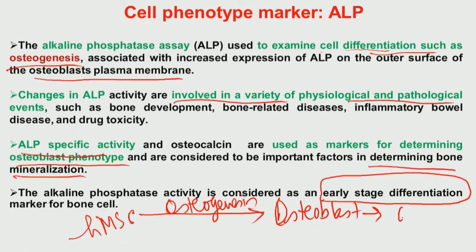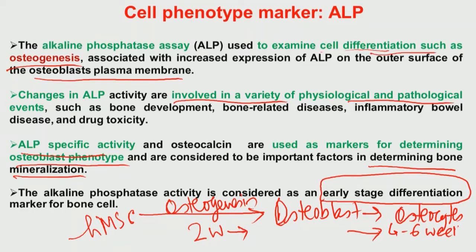You need to grow these human mesenchymal stem cells on certain osteoinductive materials for, let us say, 2 weeks, then after that for 4 to 6 weeks and so on.